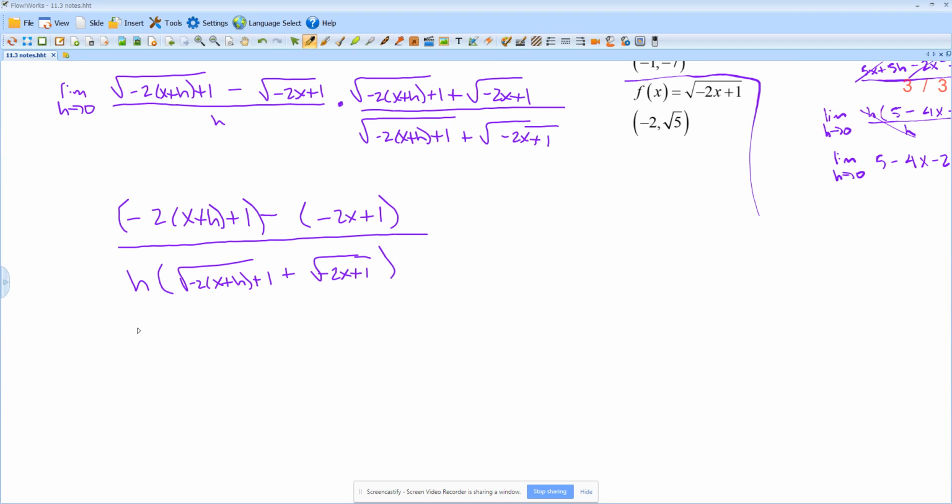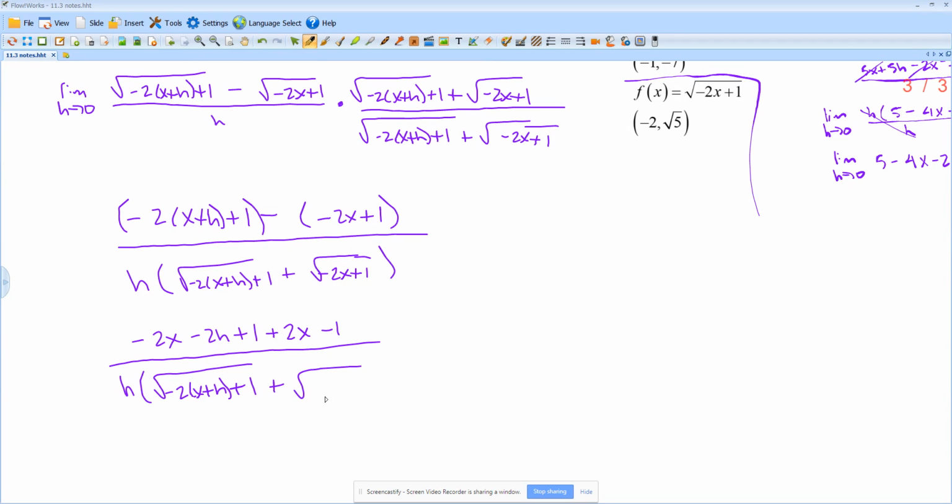In my numerator here, I get negative 2x minus 2h plus 1 plus 2x minus 1, over h times square root of negative 2x plus h plus 1 plus square root of negative 2x plus 1. 1 minus 1 cancels, 2x minus 2x cancels, h over h cancels.